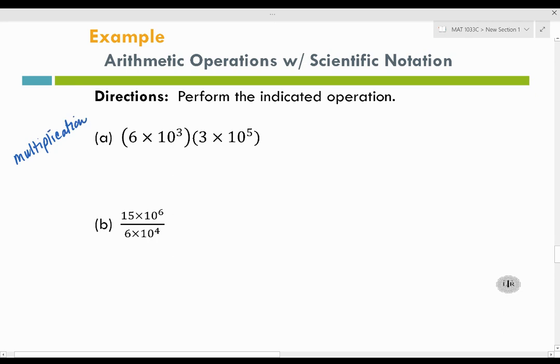And per our rules for multiplication, the exponents don't need to be the same. So the powers don't have to be the same. Okay, all right, so since they don't have to be the same, it said to multiply the number parts and then to use the laws of exponents to convert them.